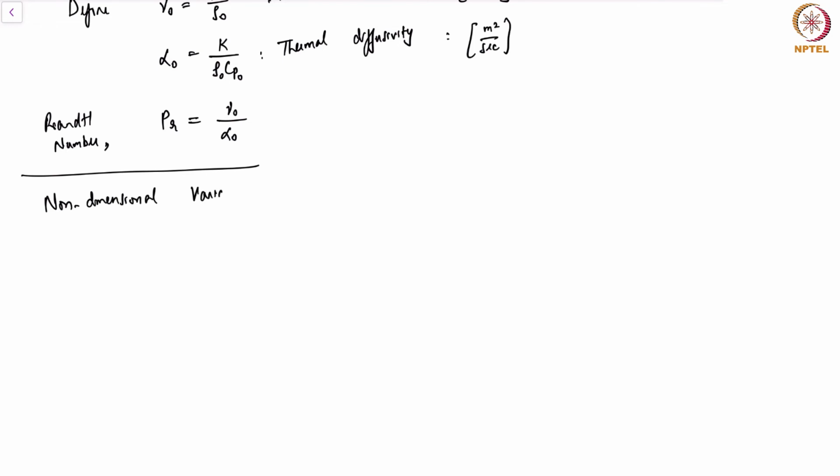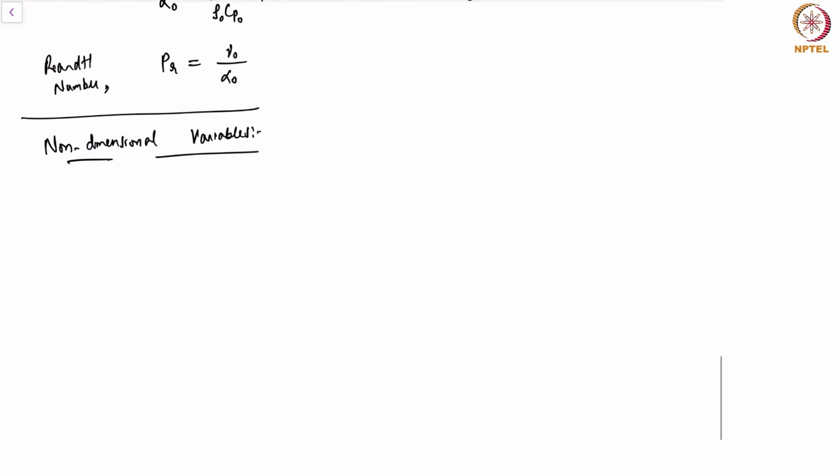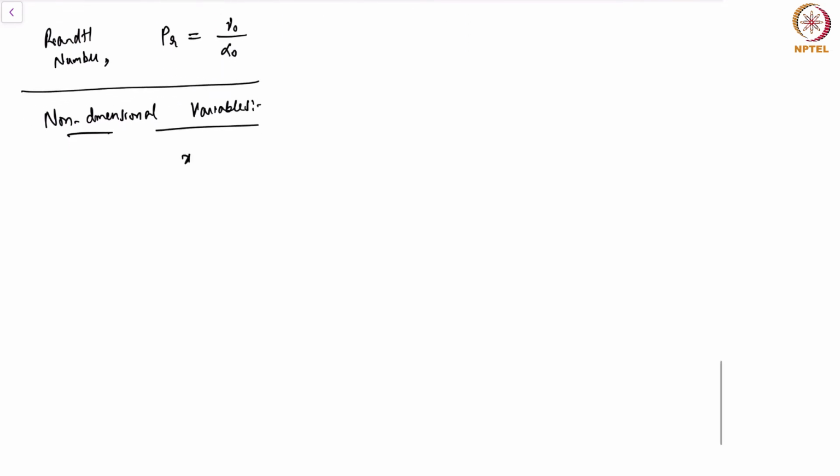So we first define the non-dimensional variables. The non-dimensional variables would be x bar would be x by d, where x is a vector here, and velocity I will non-dimensionalize as u tilde by uc.